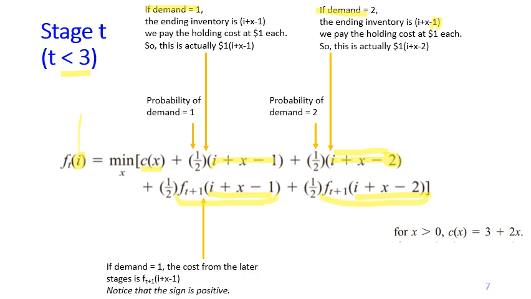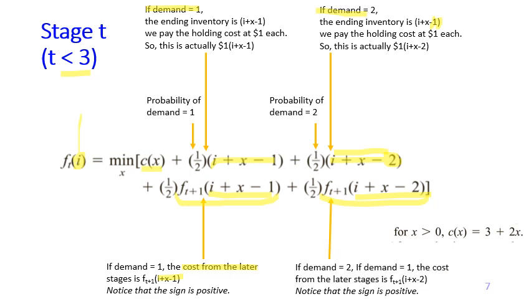This one is the cost from the later stages if the beginning inventory is I plus x minus 1. That is the cost for the later stages if your beginning inventory is I plus x minus 2 in the next stage. They are different, so you must separate them. And then because it says if the demand equals 1, if the demand equals 2, same as before, you must multiply them with the probability of each event happening.